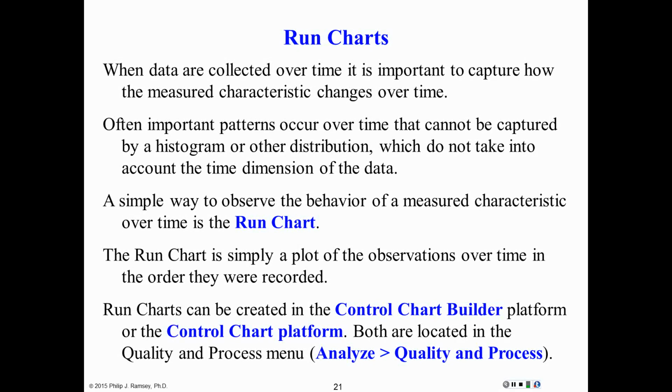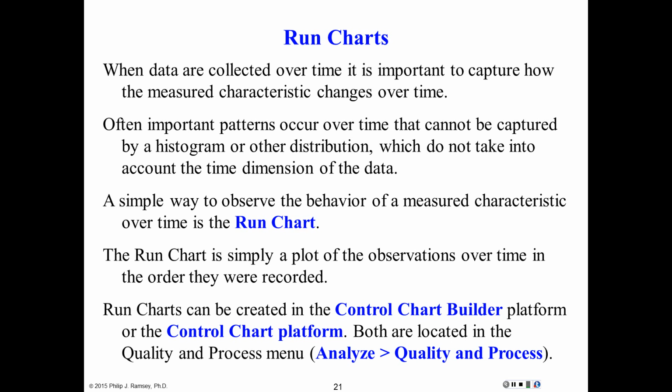Okay. So run charts, basically, if you have data, you have the time order or time record, you should plot it over time, and the run chart is a simple way to do it. The reason being, a histogram looks at the distribution, and it's assumed that that distribution really hasn't changed over time. In other words, it's assuming you have a stable or in control process.